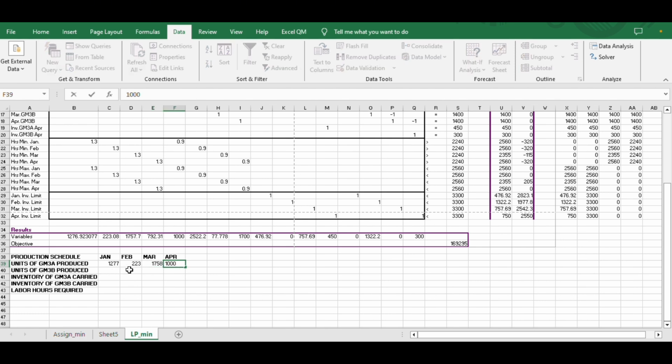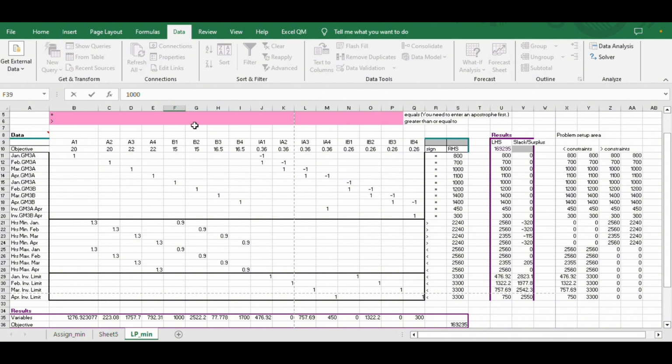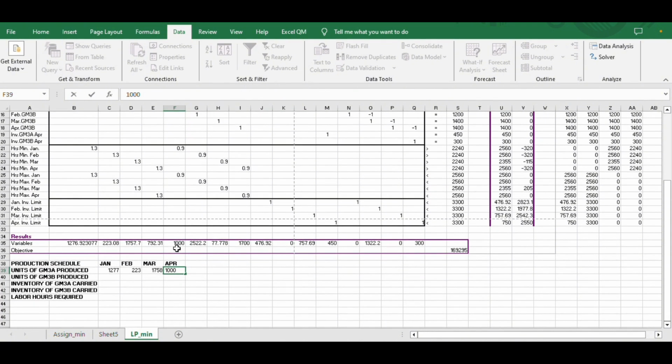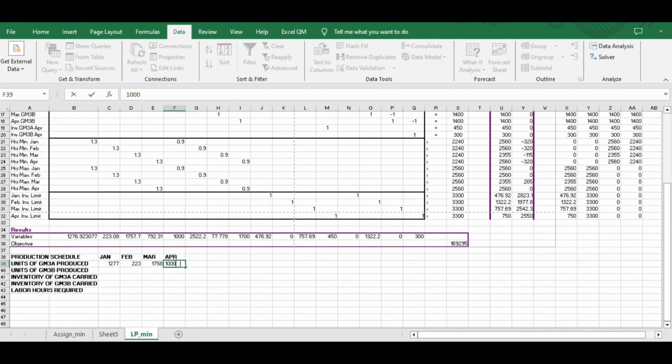And then for B1, it means that it is for GM3B: 1,000, then 2,523, then 78, and 1,700.